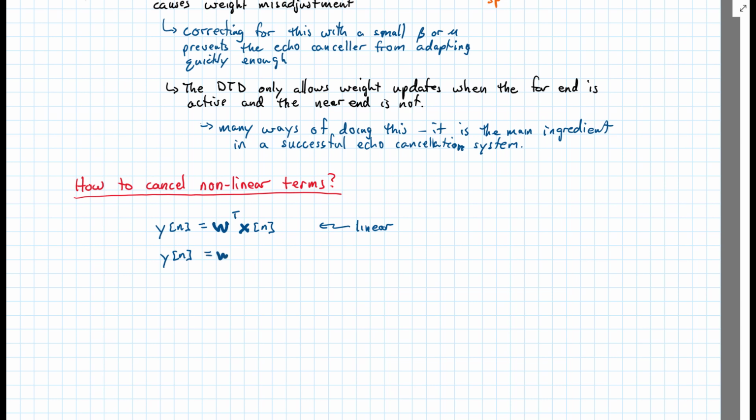So an example of something that's not linear is this. But another example of something that's not linear would be this.